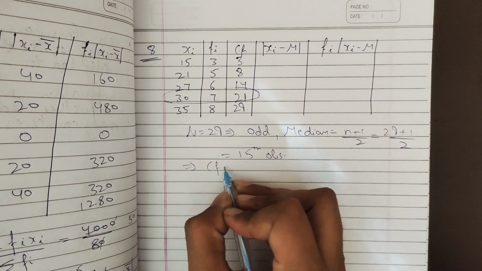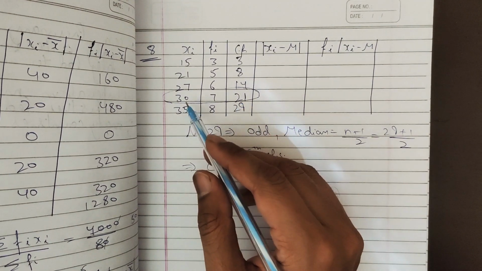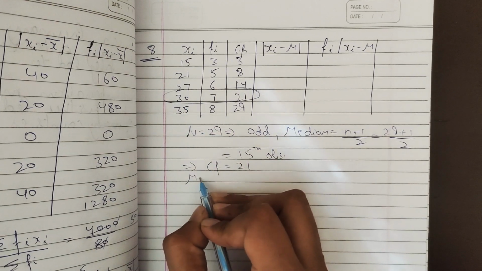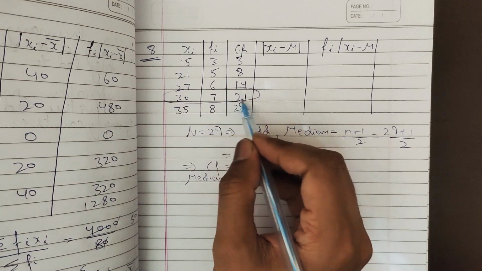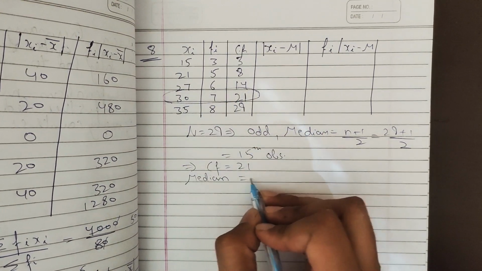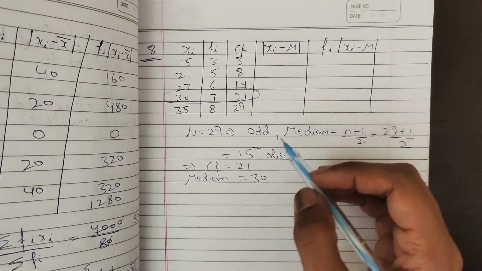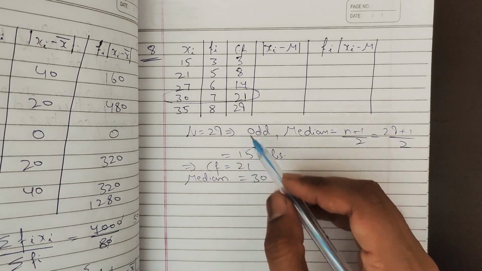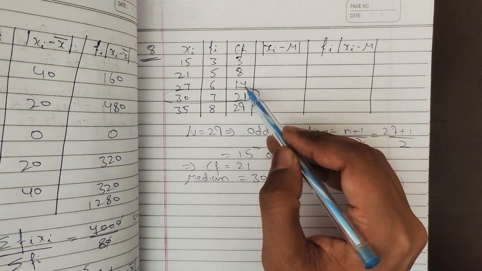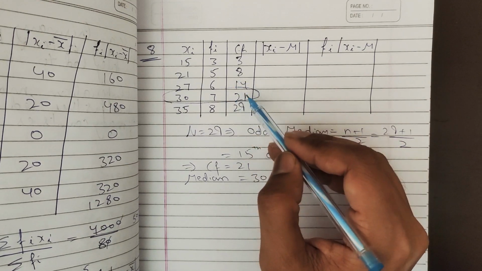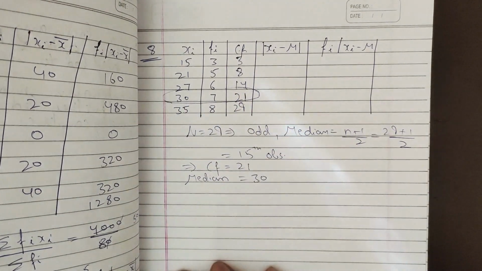This implies CF is equal to 21, so the median will be the corresponding observation for CF 21, which is 30. So the median is 30, right? Very easy. Simply what we have done, we have determined the position 15. The 15th will lie in this category because up to 14 we have in the previous category. So the corresponding observation is 30. So 30 is the median.